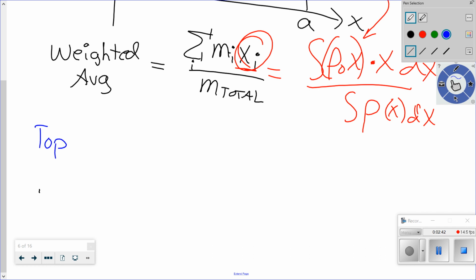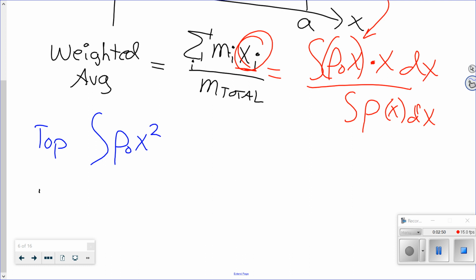So my top, I integrate the density function rho 0 times x again, so x squared dx, and rho 0 is just a constant. Oh, and I have to integrate from 0 to a. If you haven't really stressed integrals a lot in calculus class, you do the antiderivative and you evaluate final minus initial.